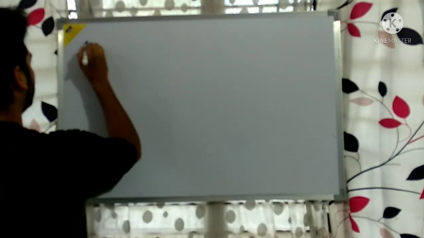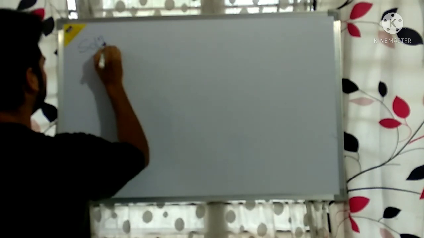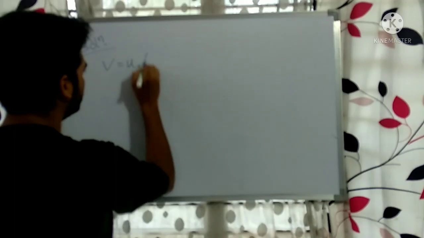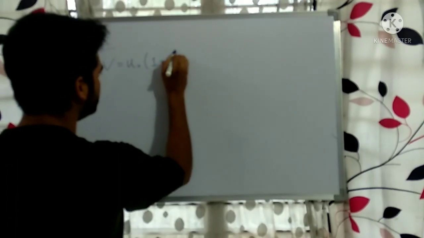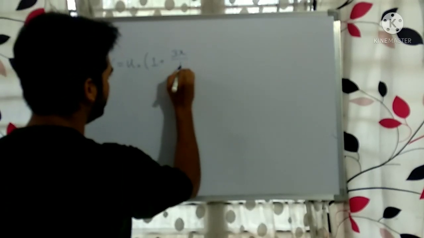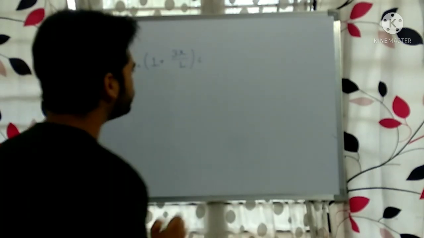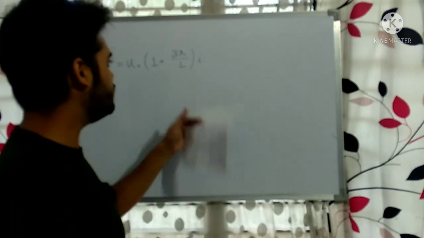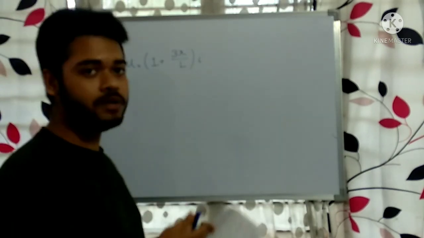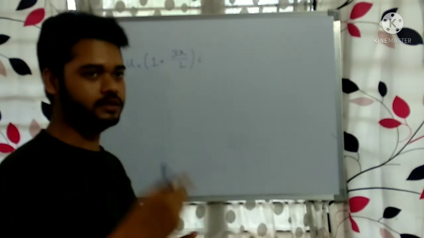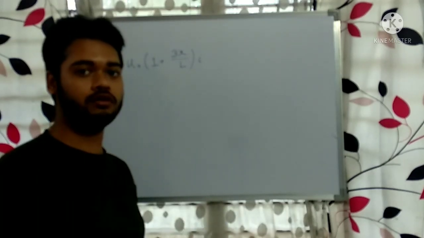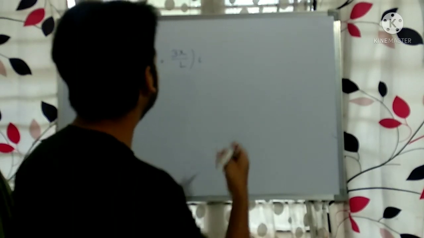So here we are given one equation: V is equal to U naught times (1 plus 3x by L) i. So what is basically i? In mathematics, i is the unit vector along the x-axis, j is the unit vector along the y-axis, and k is the unit vector along the z-axis, right?